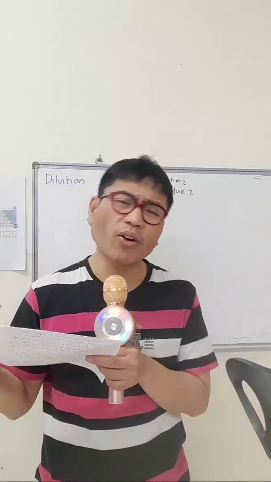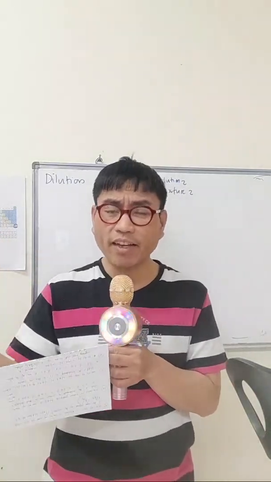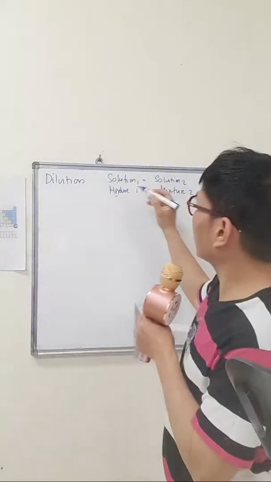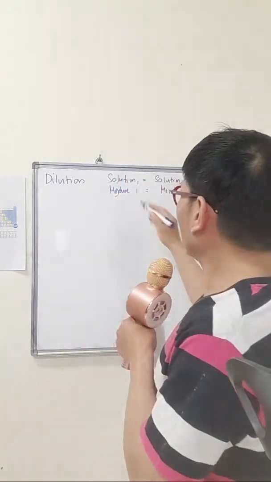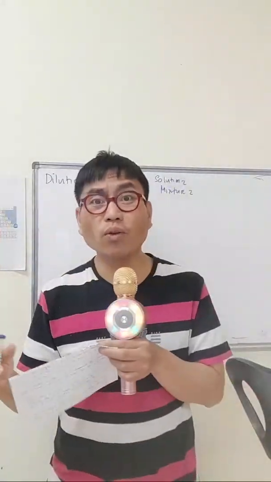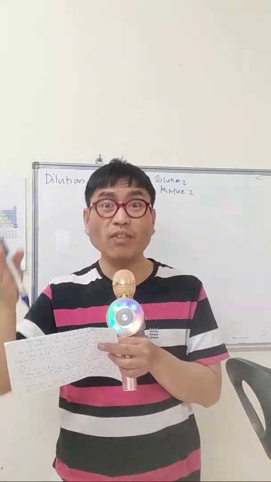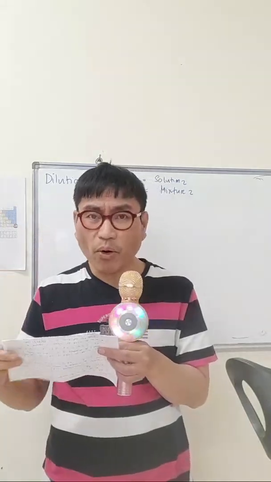Or not necessarily solute and solvent: solvent and solvent, or solute and solute, as long as this is a combination already. Because in the problem, we will be confused with the volume. Sometimes we will interpret that this is only the volume of the solute, where in fact that's the volume of the solution. Get the point?